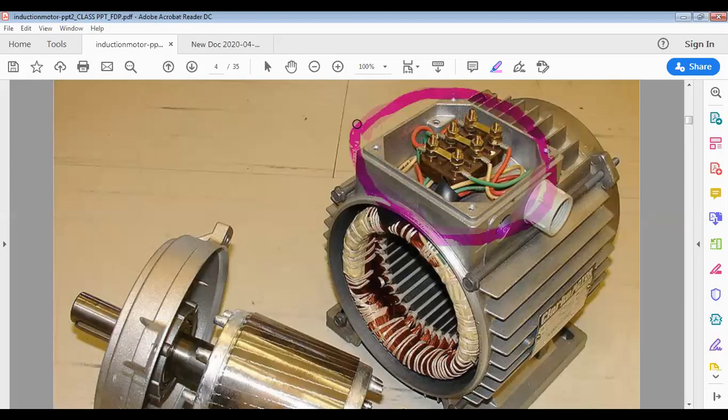These are the 6 terminals of which winding? Of stator winding or rotor winding? Yes, these are the 6 terminals of the stator windings. Okay, so on the stator 3 windings are there. It's 6 terminals. You can see every winding has 2 terminals. Using these 6 terminals, you can connect the winding in star or delta.